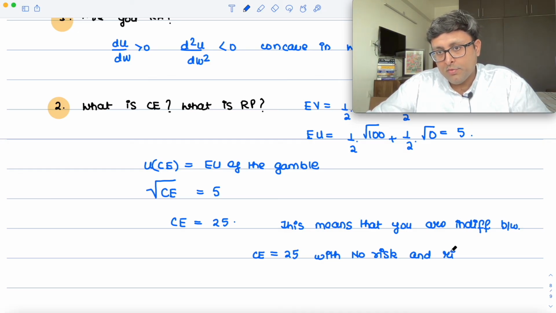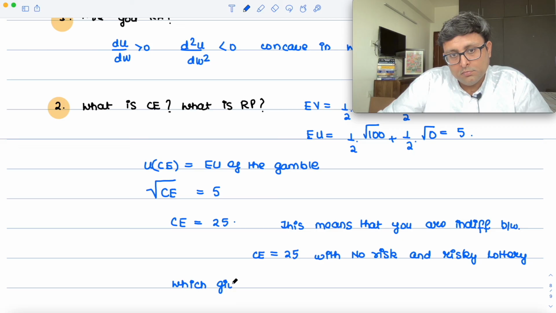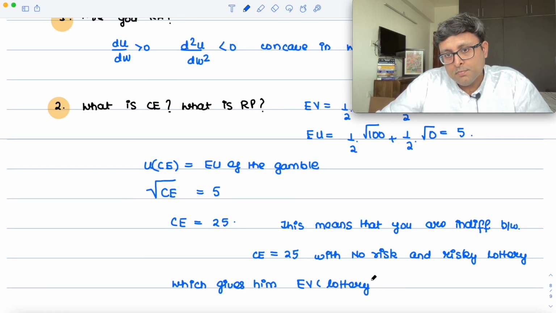And you're indifferent between the risky lottery which gives expected value of the lottery equals to 50 in expectation.